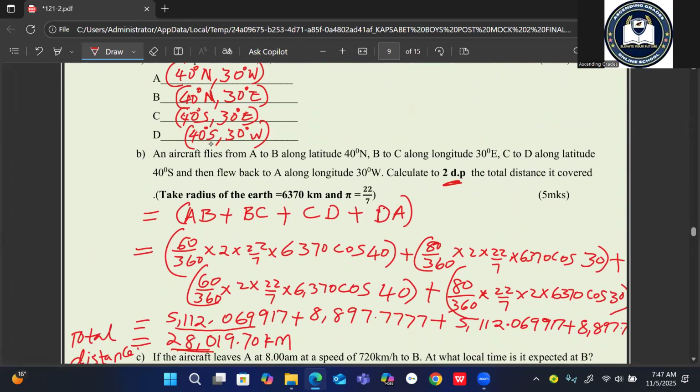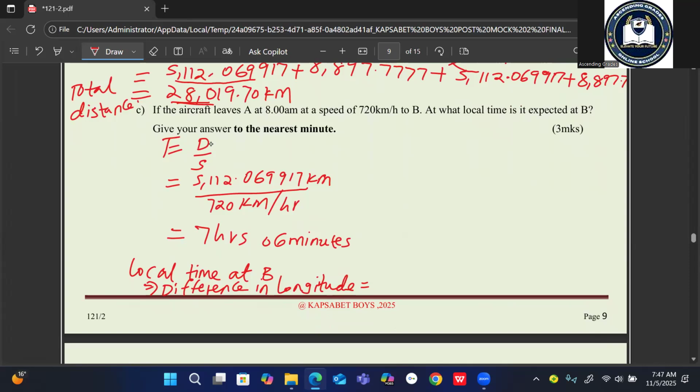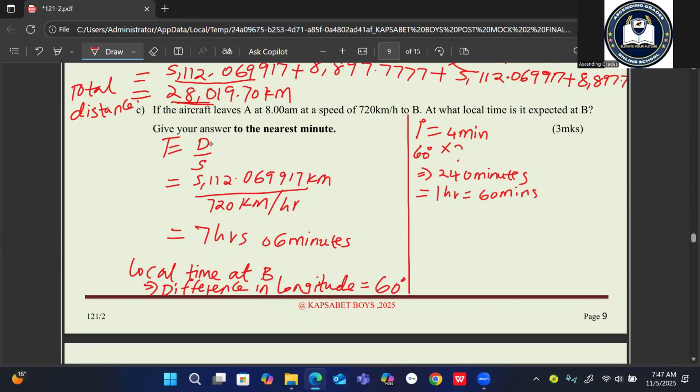And we all know very well that 1 degree is the same as 4 minutes. So what about 60 degrees? Cross multiply. It will be 240 minutes. Since 1 hour is 60 minutes, 240 minutes will give us 4 hours.